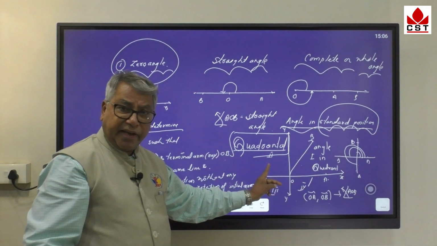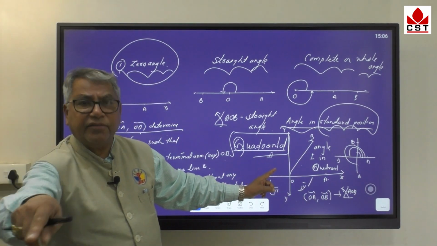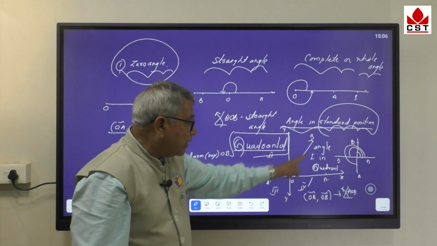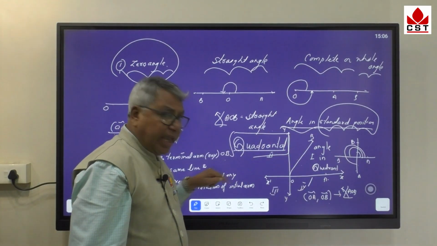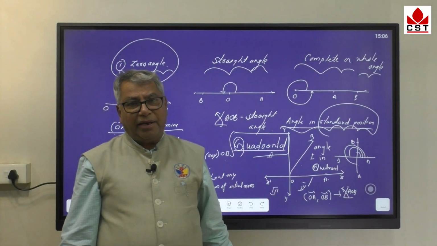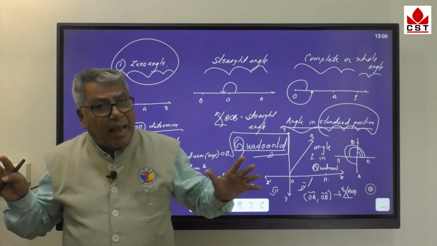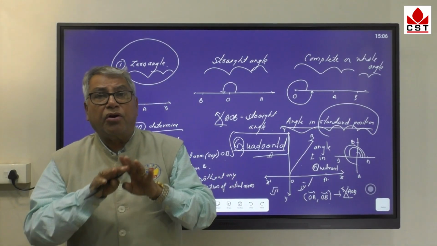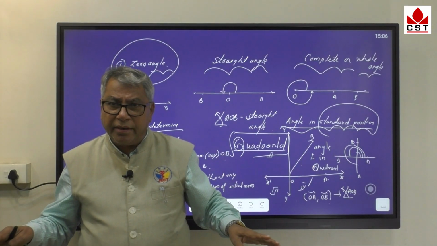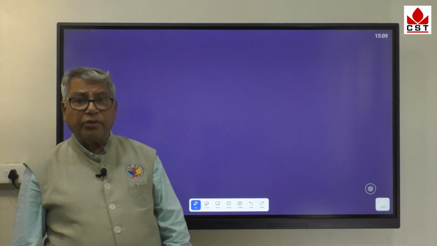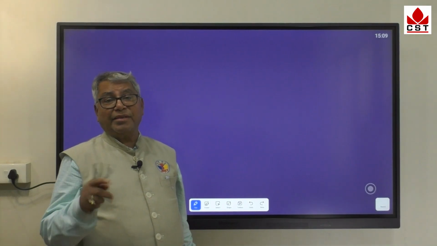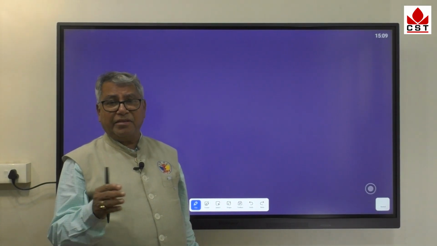Terminal arm lies in second quadrant, angle is in second quadrant, etc. But if the terminal arm lies along any axis, then it is called a quadrantal angle. It completes one quadrant, that's a quadrantal angle. Follow there? Yes. Next. Now we know angle in standard position, straight angle, zero angle, etc.